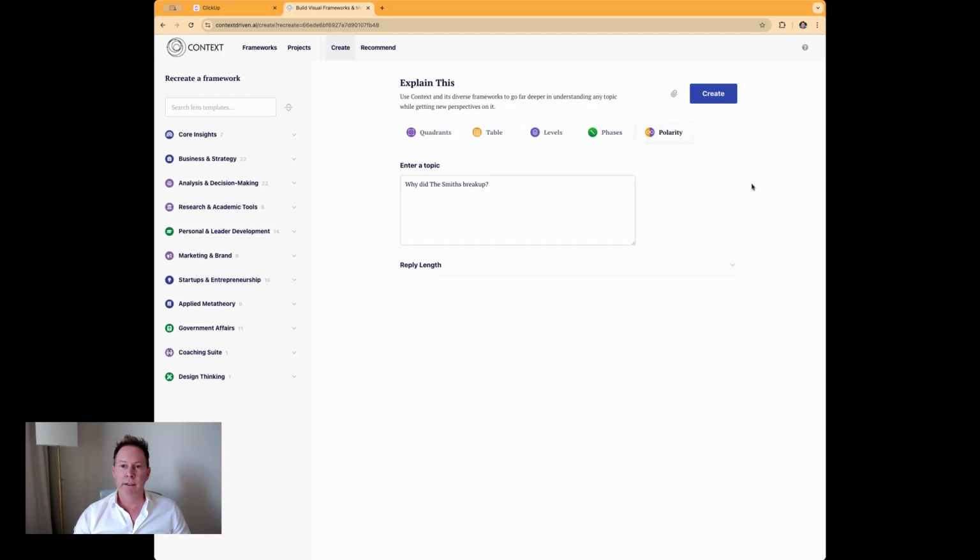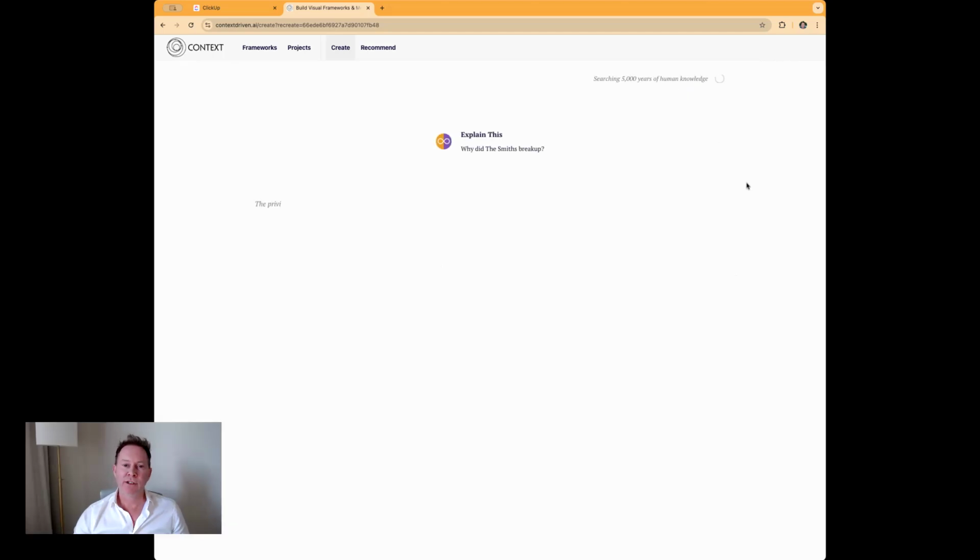And then finally, polarity. This is a fascinating one because it's looking at two competing positive tensions occurring in the situation that form a bit of a polarity. There are all kinds of ways that this gives you new information.